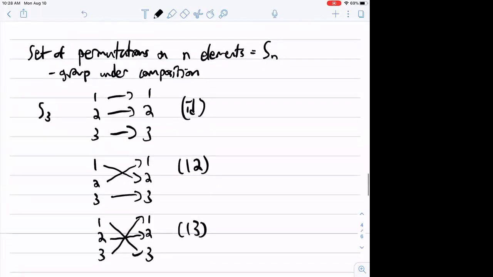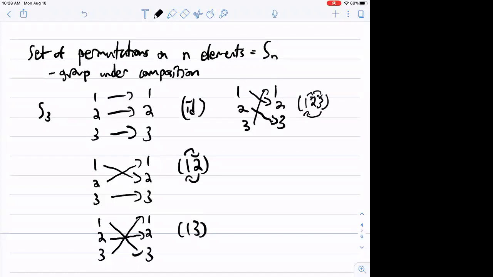Okay, what else? I can move 1 to 2, 2 to 3, and then 3 to 1. So 1 goes to 2, 2 goes to 3, and 3 goes back to 1. You read it like this, and at the end you go back to the first term.